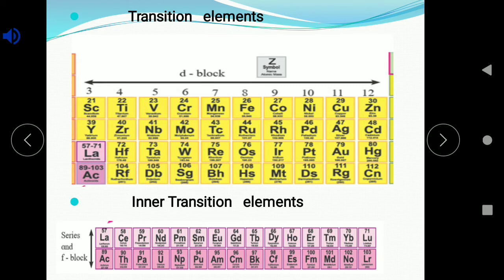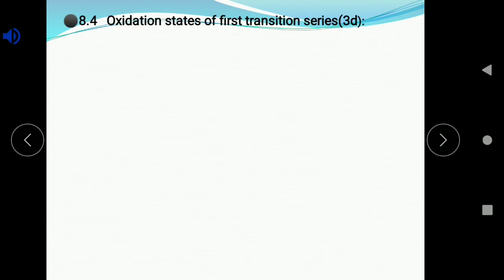Now, in today's session, we are going to learn about the oxidation states shown by these elements and the periodic trends of these elements. We are going to start with oxidation states. We will see the oxidation states of the first transition series in detail because, as I told you earlier, the 3D series elements, our first transition series elements, are there for study representing transition elements.